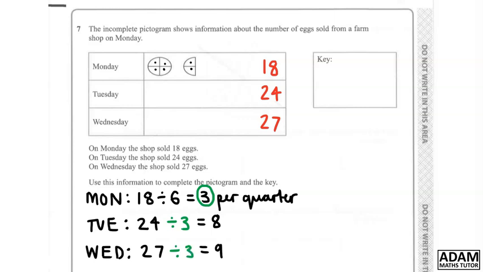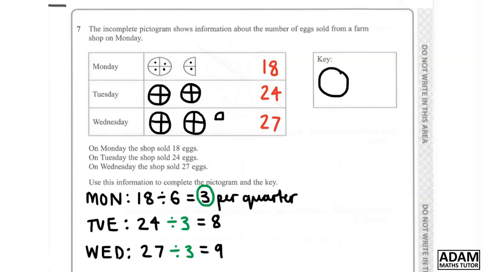So 8 quarters would be made up of 2 full circles split into quarters, and 9 quarters would be made up of 2 full circles, which would be 8, and we need 1 additional quarter which we can represent using a quarter of that circle. Don't forget a key. So a full circle split into quarters will represent 12 eggs.